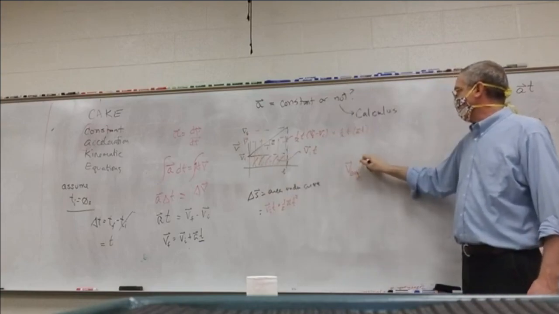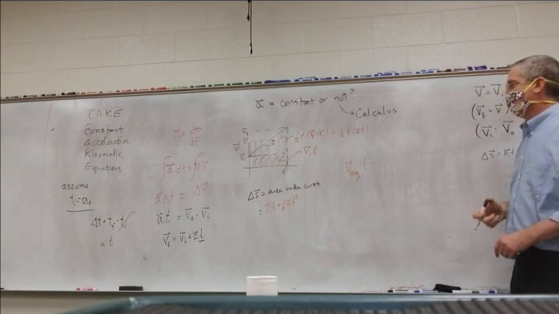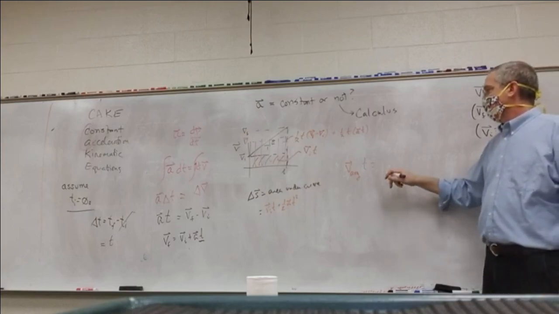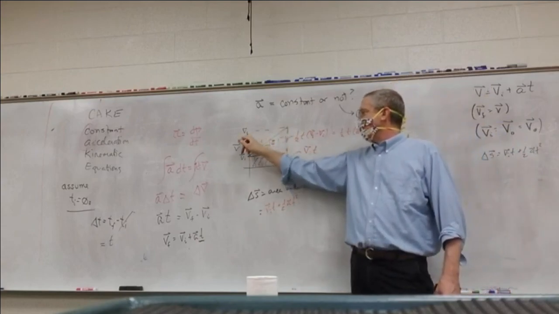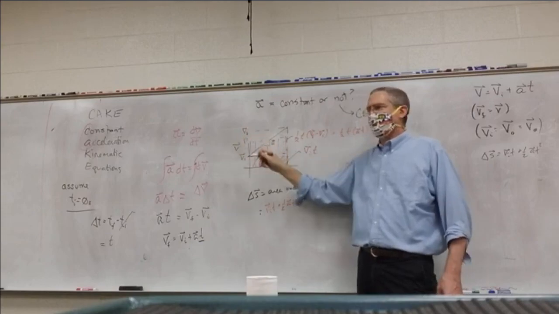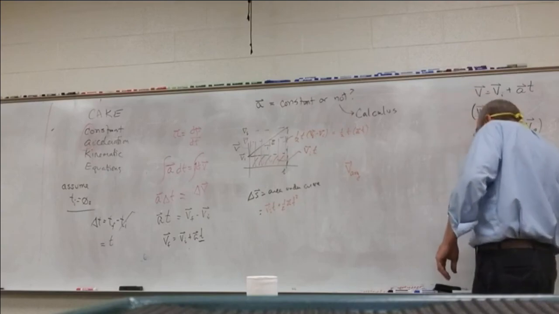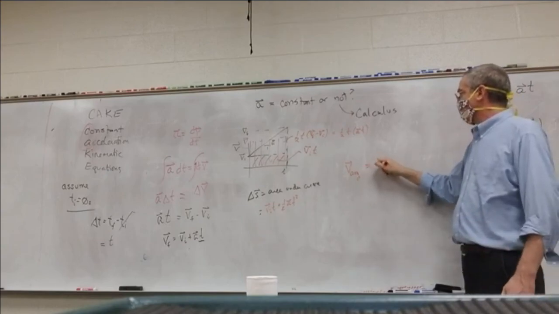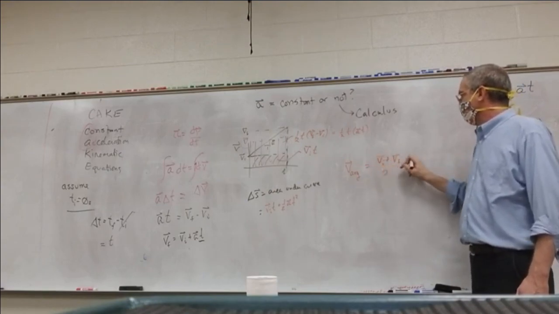So my average velocity times time should get me the exact same area. And if you'll notice, if the acceleration is constant, this average velocity here has got to be halfway between VI and VF. And this is just VI plus VF divided by 2.